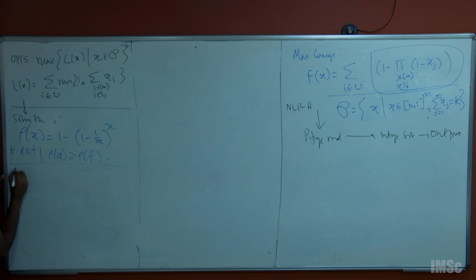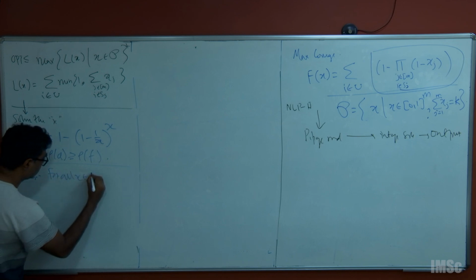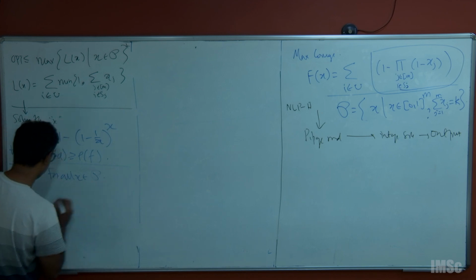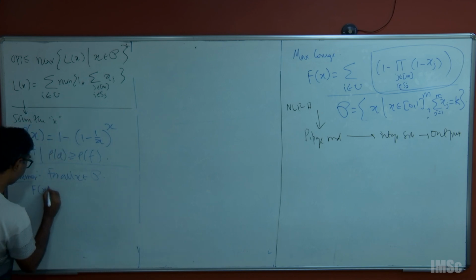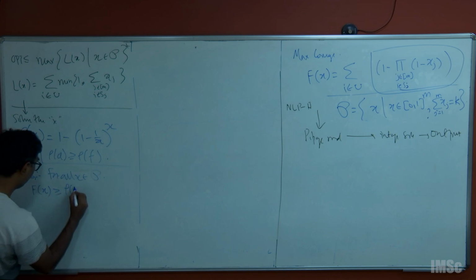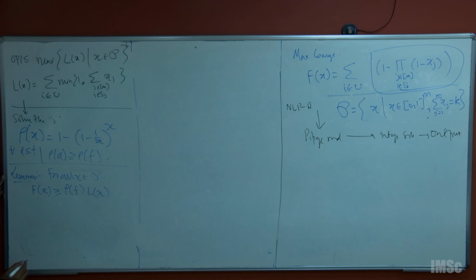Now, what is the lemma that I want to prove? That for all x in P, f of x is greater than or equal to rho f times L of x, okay?